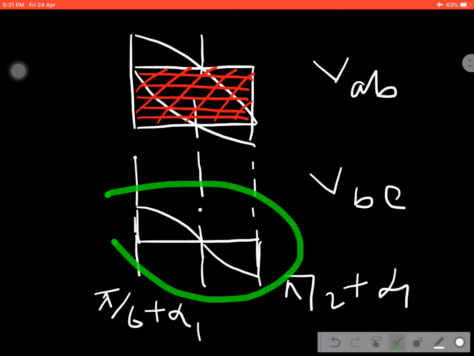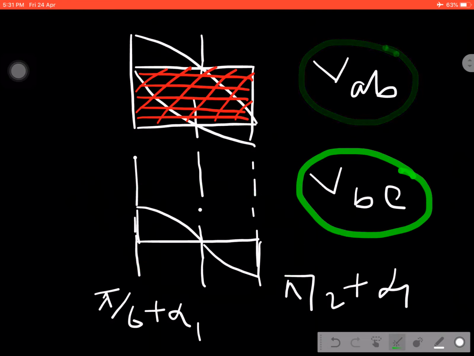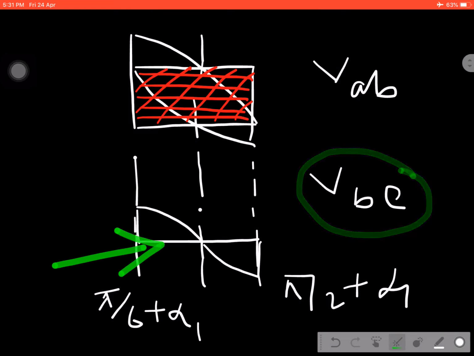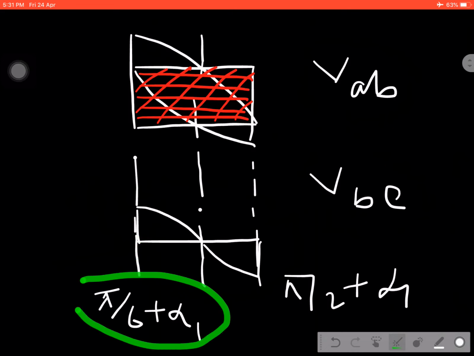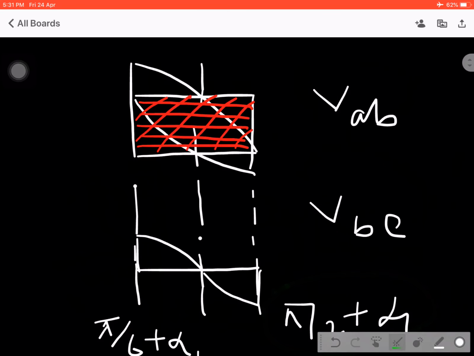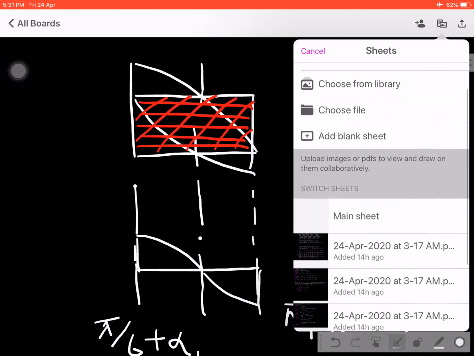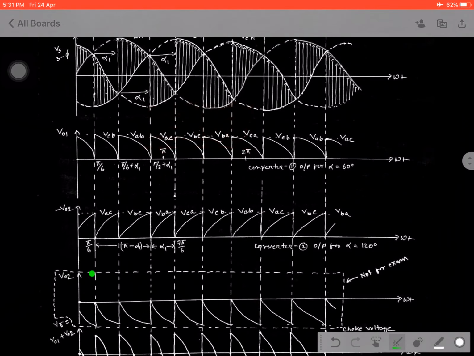It's a very interesting part. That means the difference between VAB minus VBC gives you this kind of wave shape, which is confined between the region pi by 6 plus alpha to pi by 2 plus alpha. So go to the waveforms. Now it can easily be identified by all of you.